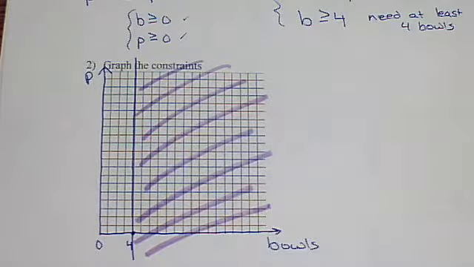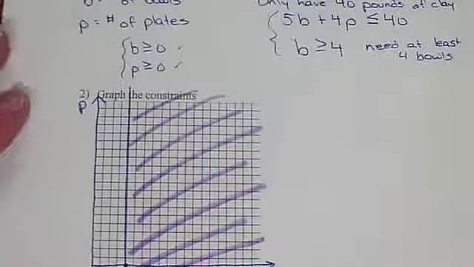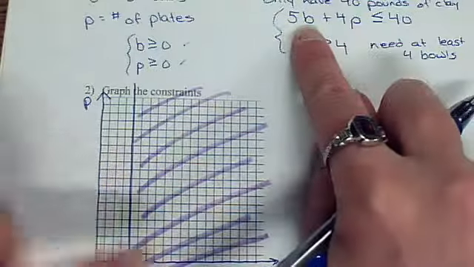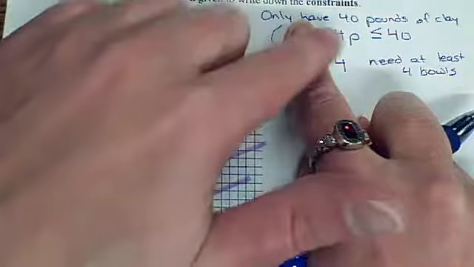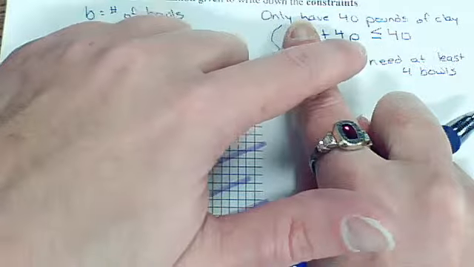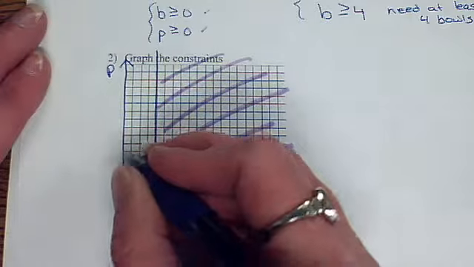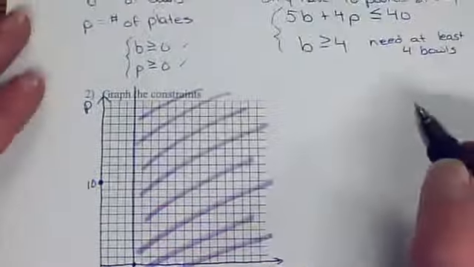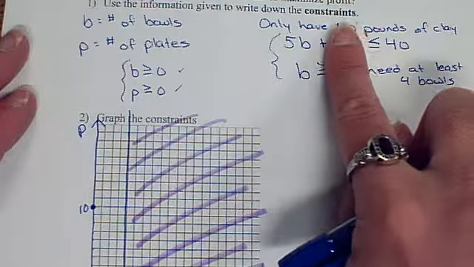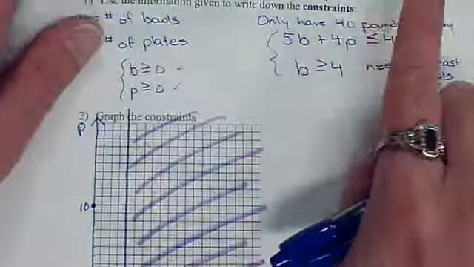Now, we need to take into account the constraint of how many pounds of clay we have. I'm going to use intercepts to graph this. When my number of bowls is 0, that gives me 4P equals 40. That would mean I'd have 10 plates. So when the number of bowls is 0, I'd have 10 plates. When the number of plates is 0, I can make a total of 8 bowls.